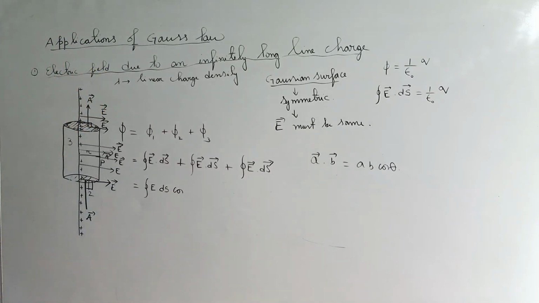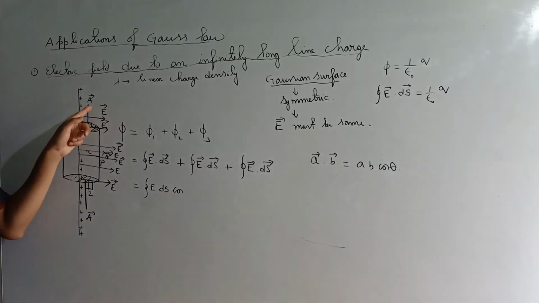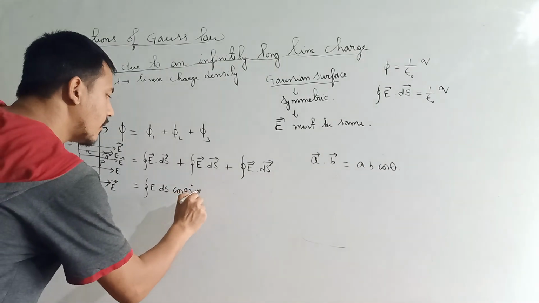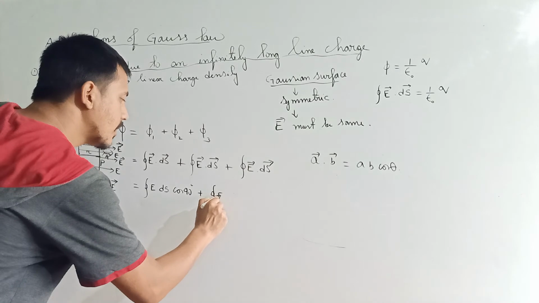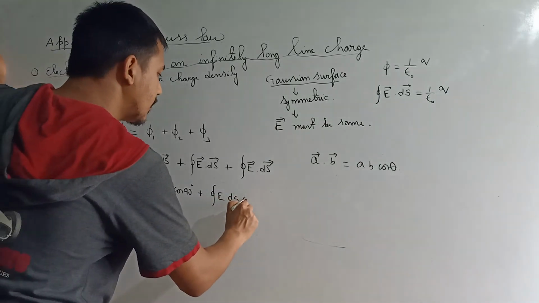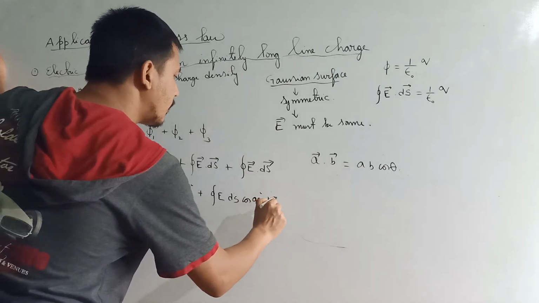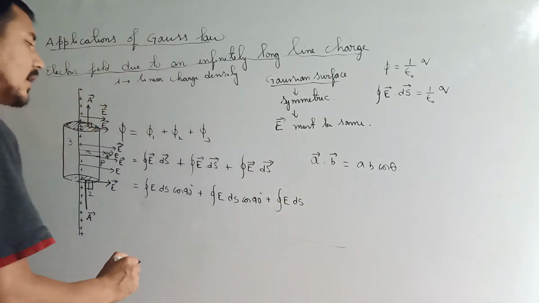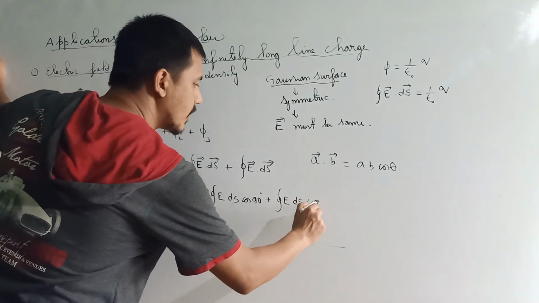For surface one, the angle between electric field and the area vector is 90 degree. For the second surface also the same thing, so cos 90 degree. But for the third surface, the angle is 0 degree, so cos 0 degree. Are you following that?